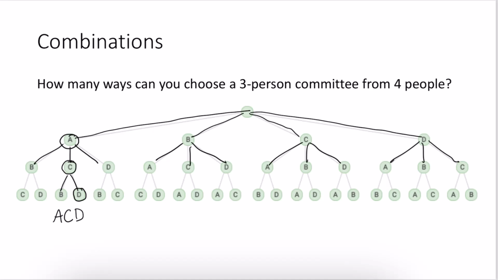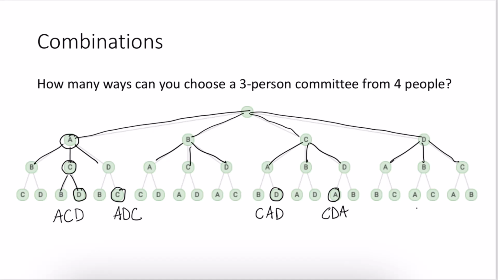This committee of person A, C, and D also shows up in this branch of the choice tree, because this branch represents person A being chosen first, then person D, and then person C. And then that same group of 3 people also shows up here, where person C was chosen first, then person A, then person D. And in this branch of the choice tree, we chose person A, person D, and C, and then D and A. Notice that, again, it's the same 3 people in the committee, but this committee has been listed 4 times already.